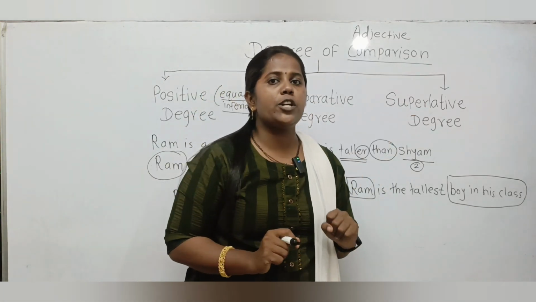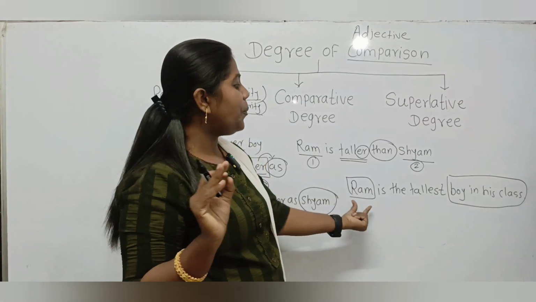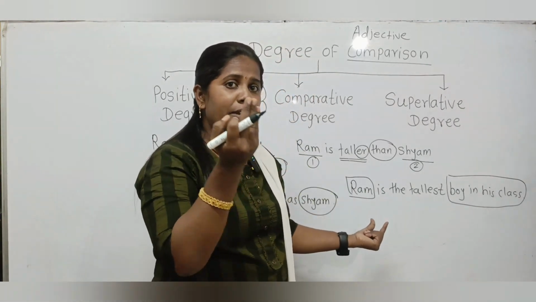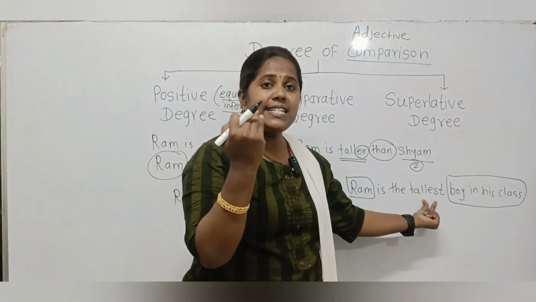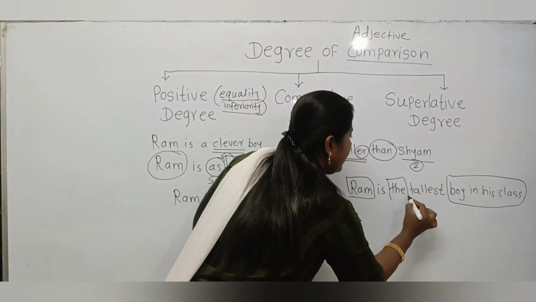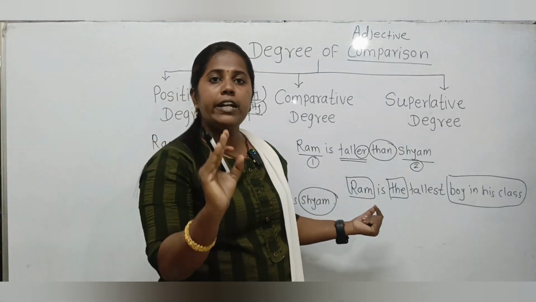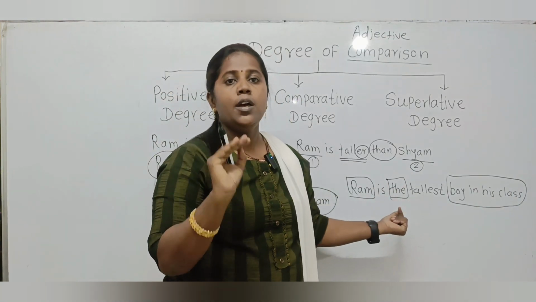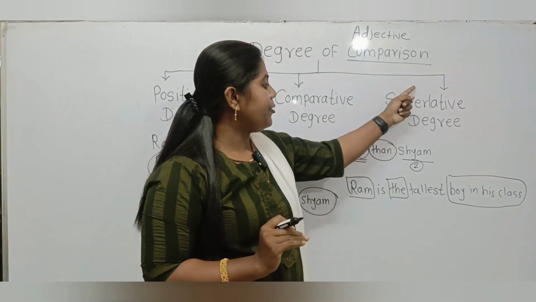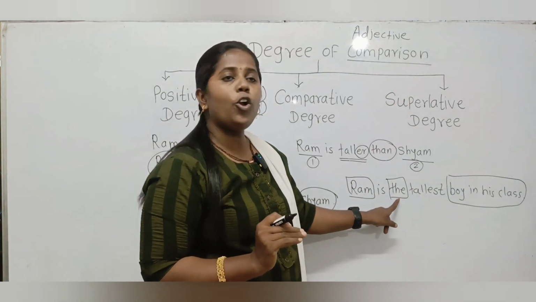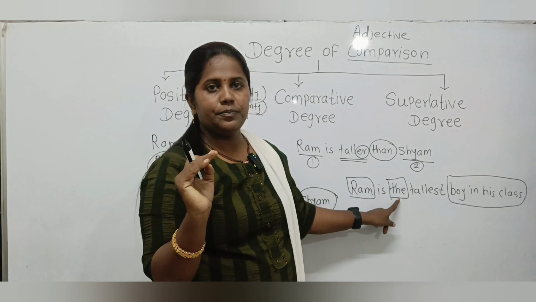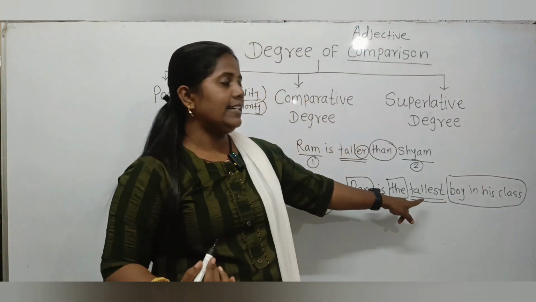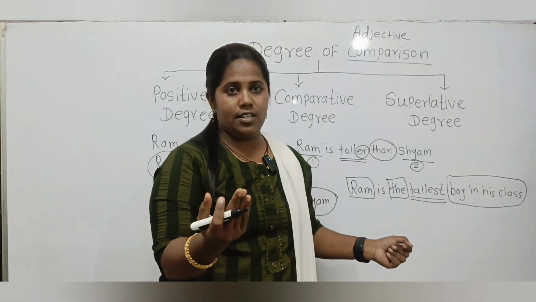One more identification mark is there, that is in superlative degree that adjective is preceded by, preceded means before that adjective, preceded by article, that is the. Every time you will find the before that adjective. Means we can say that in superlative degree adjective is followed by article the. Okay, and here you can find the superlative form of that adjective, that is tallest.